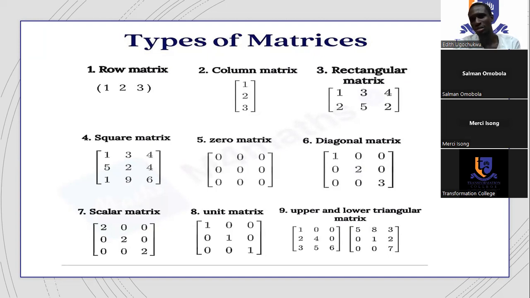So a diagonal matrix is a matrix that has its elements along its diagonal, while the other elements are 0. The only elements we have there are 1, 2, 3, found along the diagonal.